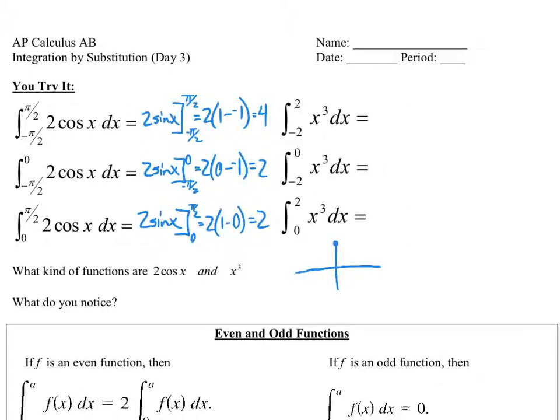where a cosine starts at the top, so it's going to be up here at 0, 2. And then we're going to have something that looks like this on this side, same thing on this. How would you describe that function?